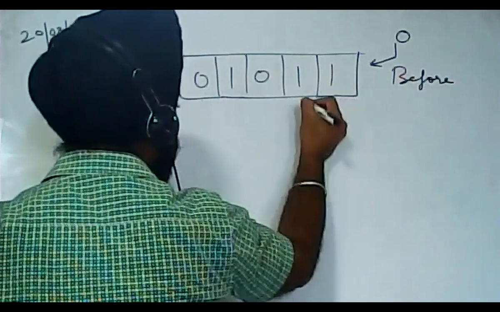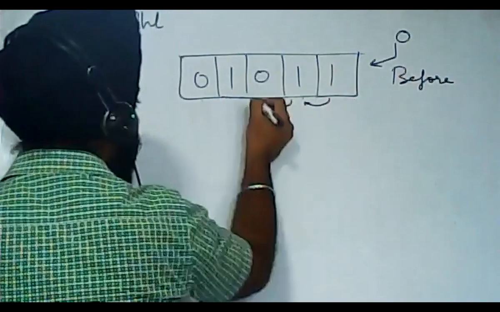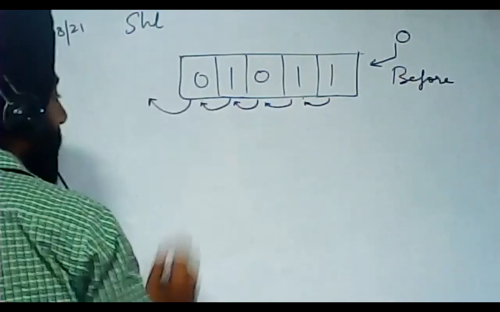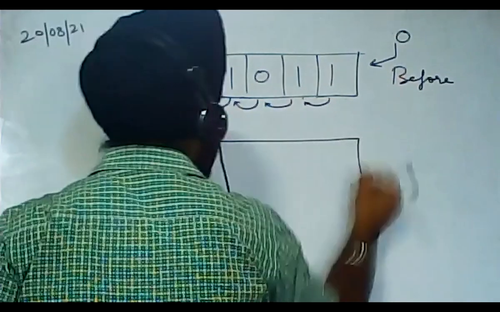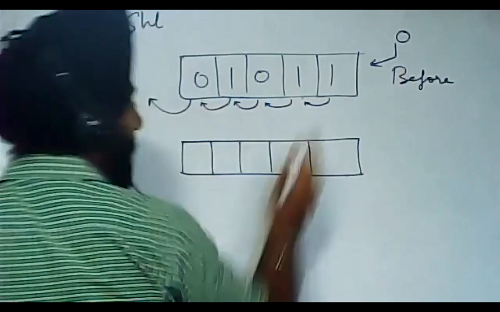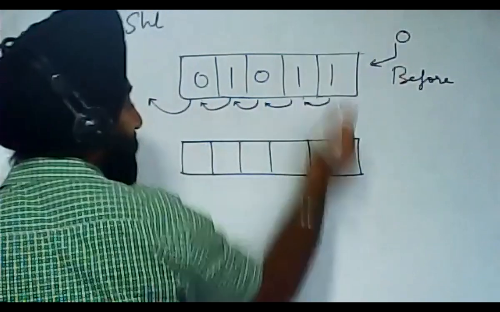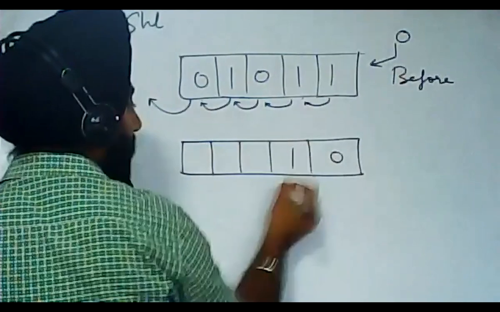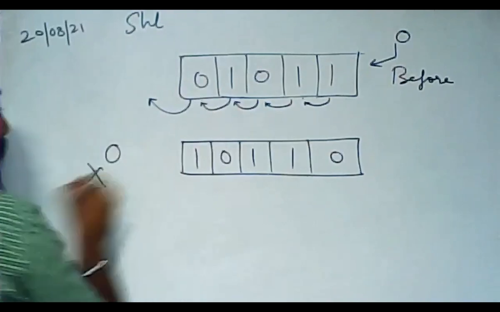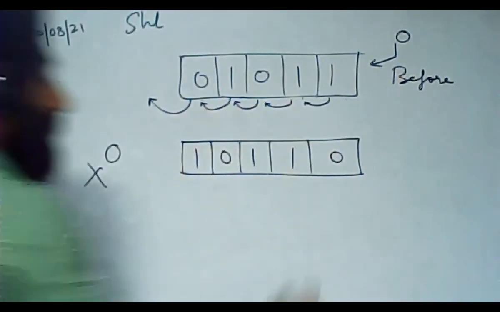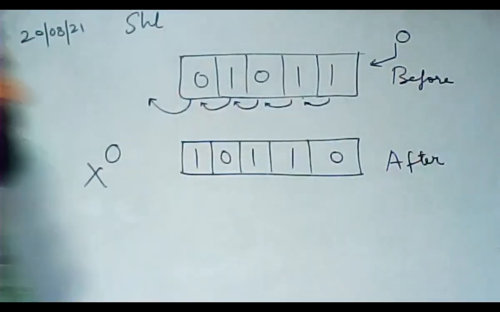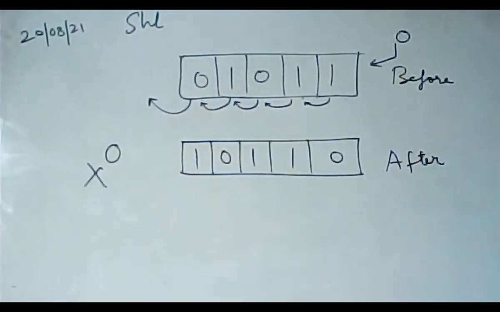That is, it will be moved to this position, and this one will be taken outside. So after the left logical shift, your answer will be: this 0 will be taken into this position, so it will become 0 1 1 0 1 and this 0 will be closed. So this is after performing left logical shift.